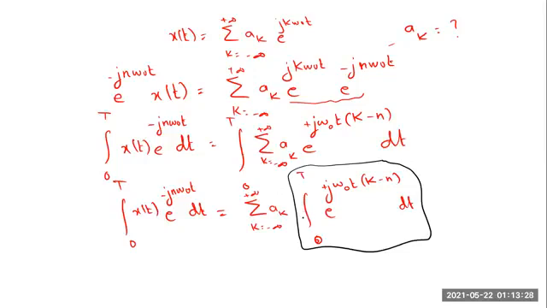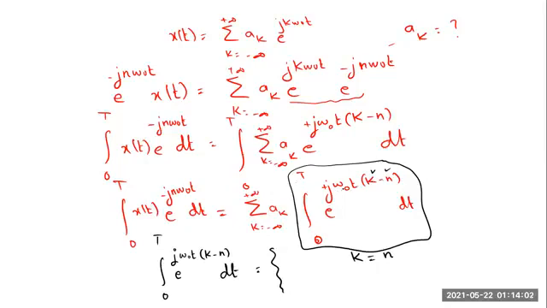There are two possibilities, depending on the relationship between k and n: k is equal to n, or k is not equal to n. So let's find out this integral. If k is equal to n, that is straightforward.